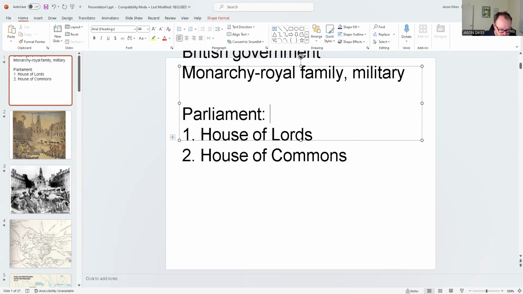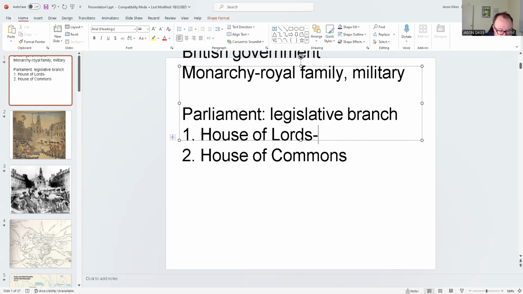And Parliament is the legislative part of British government. So it would be similar, not exact, but similar to Congress that we have today.